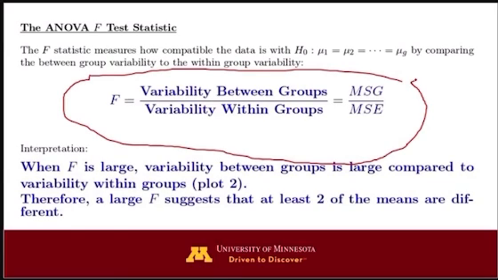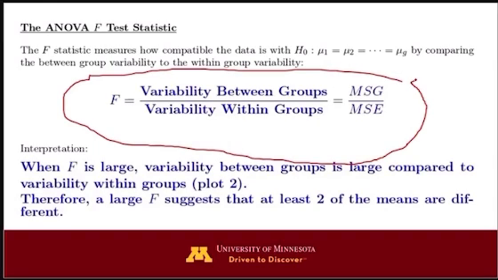And let me tell you this. I need you to pay attention so that you can grab it. When F is large, you know what is going to make F large? When the numerator is large. When variability between groups is very large, F is going to be large. When F is large, the p-value will be small. When the p-value is small, you are likely going to reject H naught. I'm going to say that again. When the variability between is large, F will be large.